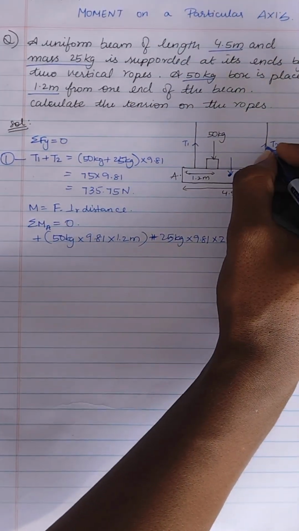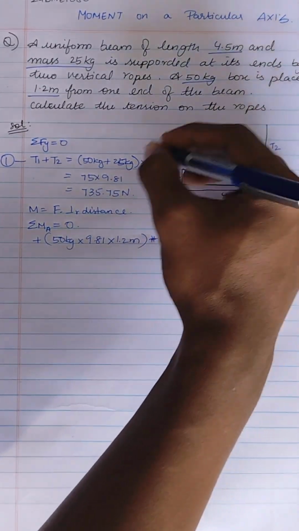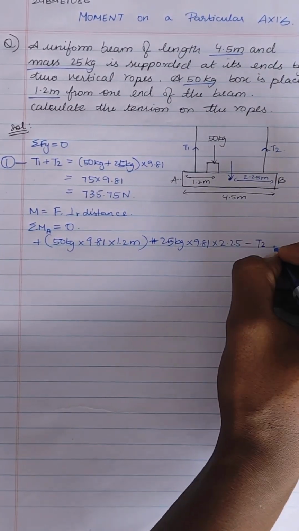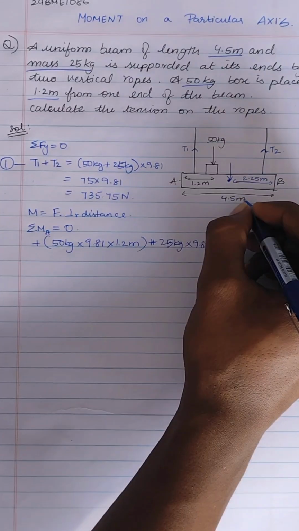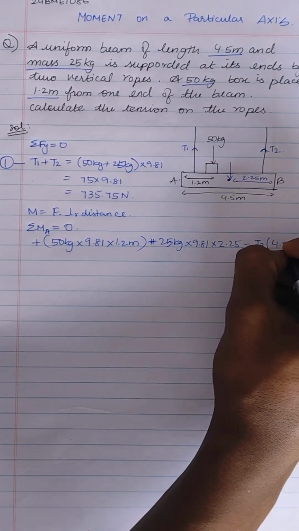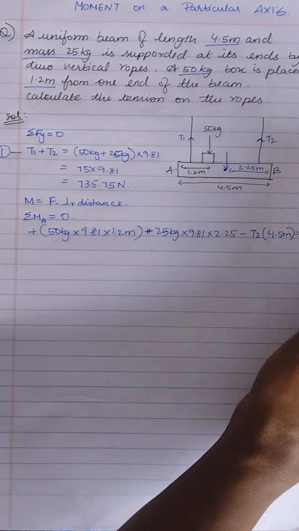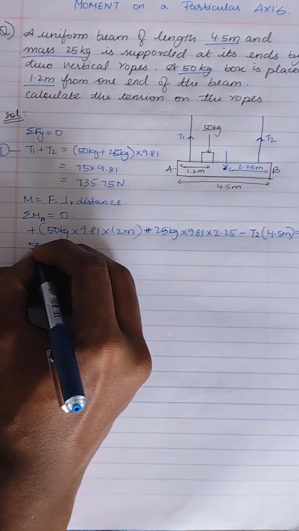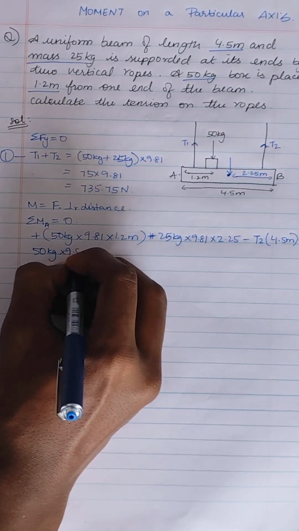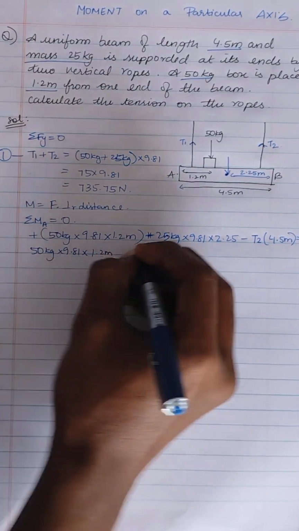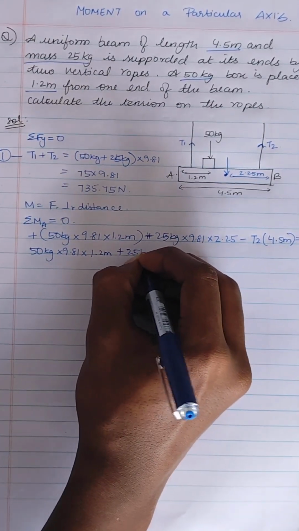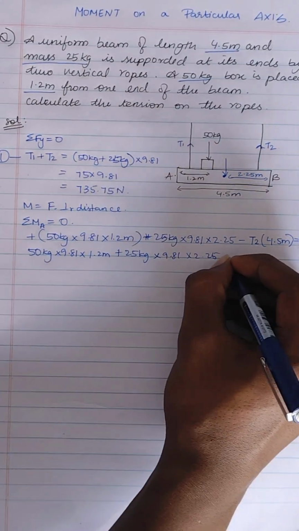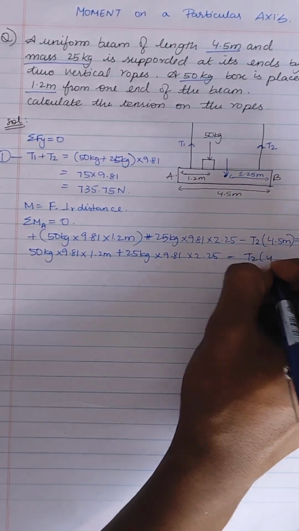And here T2 is acting anti-clockwise, so we are going to take it as minus, and T2 into perpendicular distance is 4.5 equals 0. So 50 kg into 9.81 into 1.2 meters plus 25 kg into 9.81 into 2.25 equals T2 into 4.5 meters.